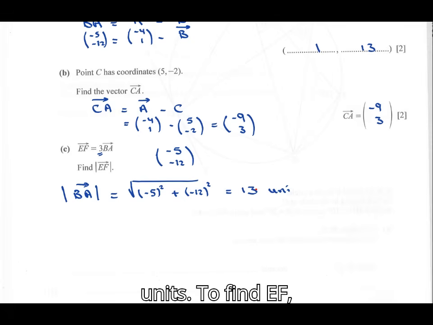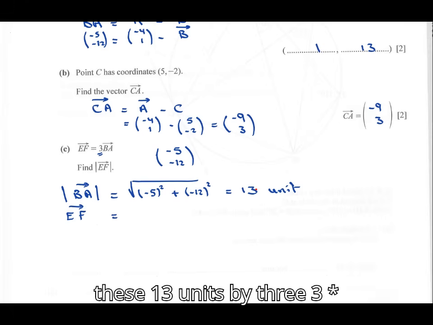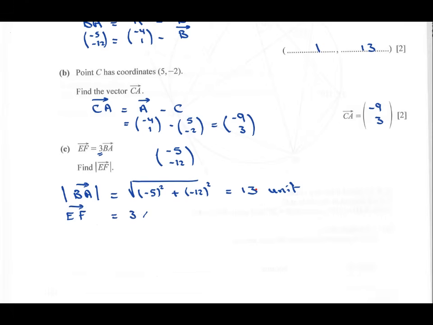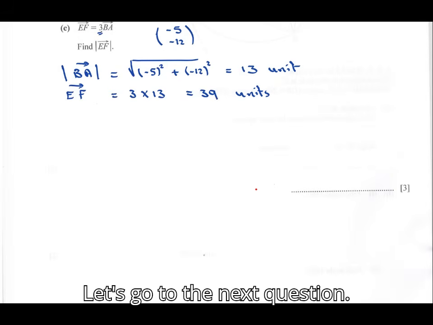To find EF, all you have to do is multiply these 13 units by 3. 3 times 13 is equal to 39 units. Let's go to the next question.